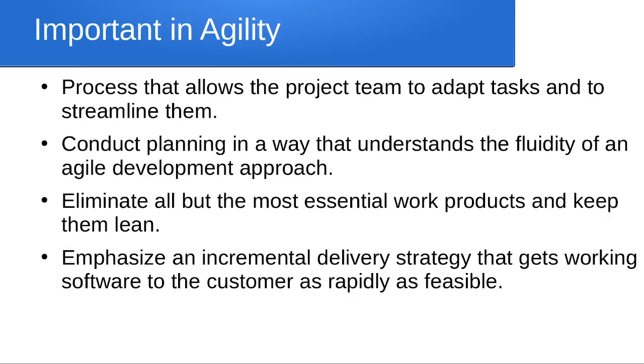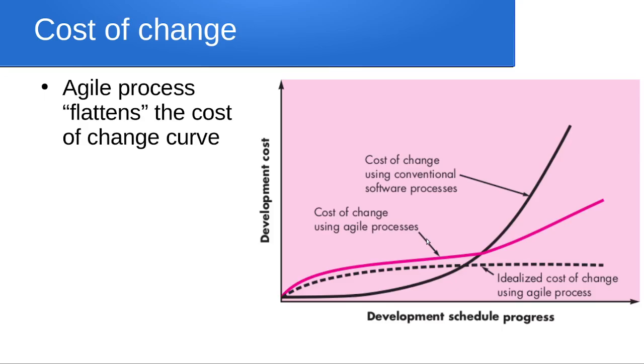Also, if we talk about cost, this is the cost of change. Whenever there is a change request, we understand that in software development, the cost of change in the conventional software process is not linear. After some time, suppose this is the life of this process, after that it goes into maintenance. But for now, we are talking about development. What happens?